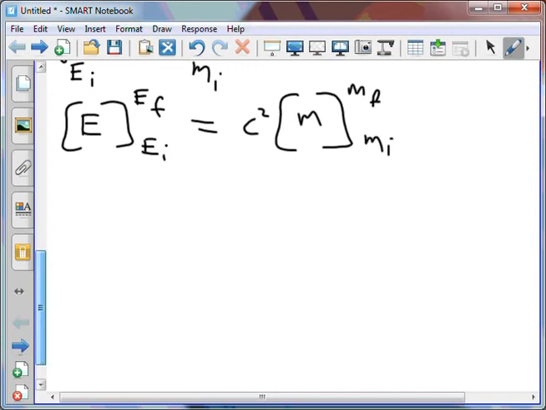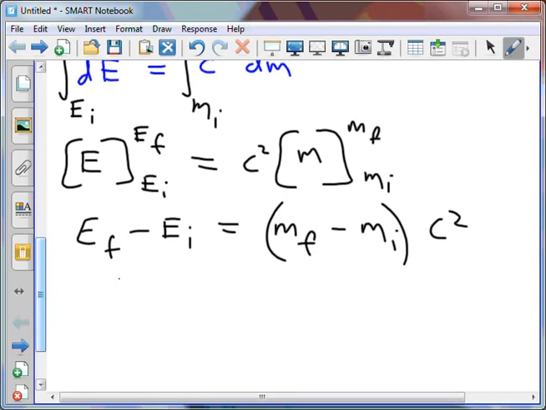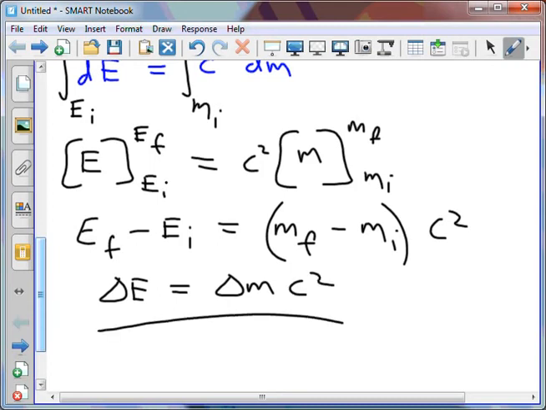But that'll give me E final minus E initial is equal to M final minus M initial times c². But what that really means is the change in energy is equal to the change in mass multiplied by the speed of light squared. And that is E equals mc².